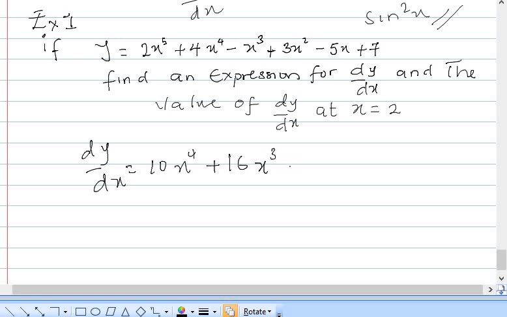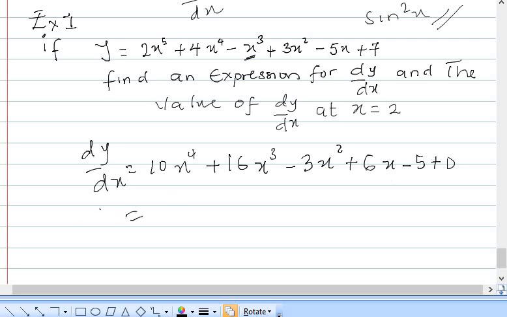The next term is x cubed, so you can simply say minus 3x squared. Then the next term is 3x squared; we multiply the power by the coefficient, that's 3 times 2 making 6x. The second to last term, 5x, is just minus 5, and the last term is 7. The derivative of a constant term is 0, so you can add 0.